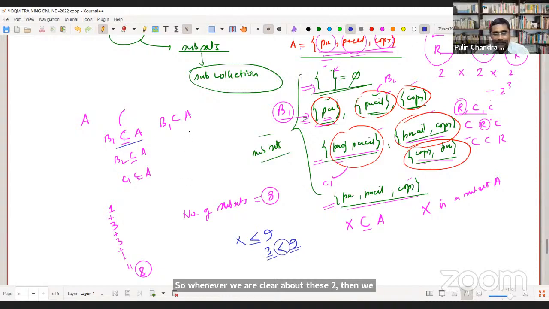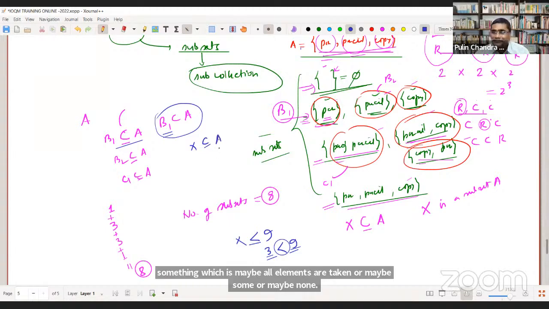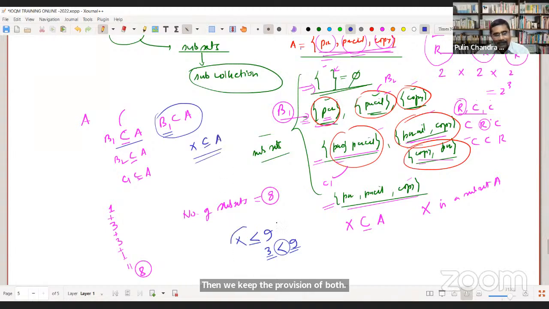So here also, if I can see that B1 contains really fewer elements than the original set, your proper symbol will be this. We call it proper subset. And whenever we are not clear whether I have to pick something where maybe all elements are taken, or maybe some, or maybe none, then we keep the provision of both. So something like this too.